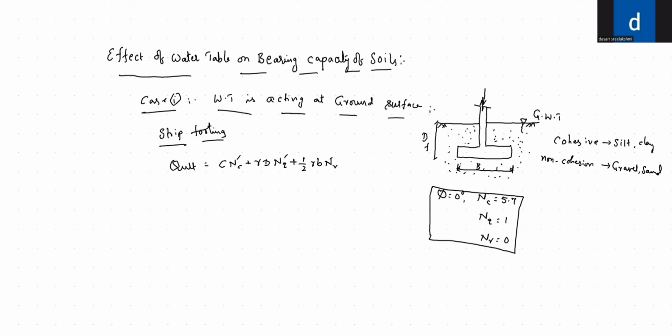How do we calculate the ultimate bearing capacity of the soil? Suppose the surrounding soil is c-phi soil, where both the cohesion c and the angle of friction phi are present.